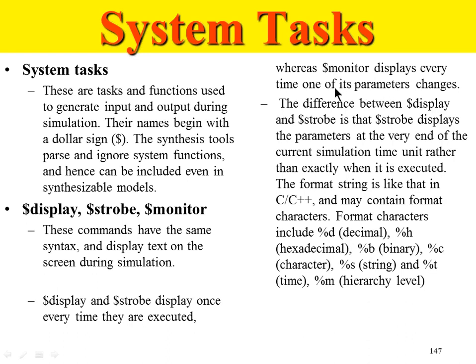Dollar monitor keeps running in the background, and anytime one of the signals we want to display changes value, it will display an updated message. Dollar display and dollar strobe will execute once when we execute the command.